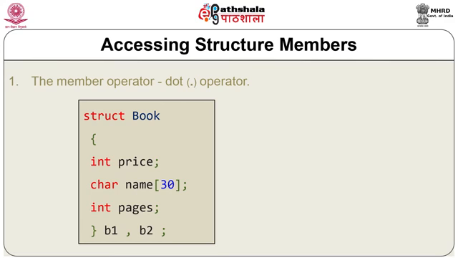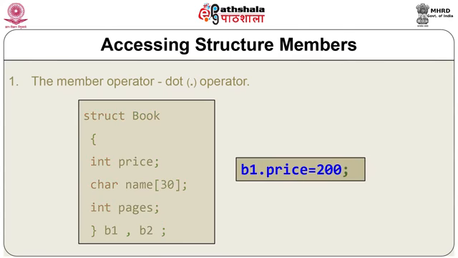In this, we want to store information of two different books, B1 and B2. So B1 dot price equal to 200. It means the price of book 1 is 200 rupees. B1 is a variable of book type and price is a member of book.